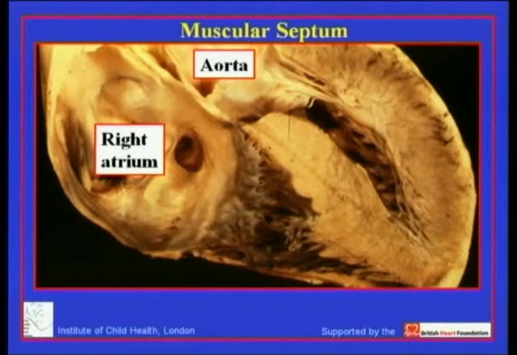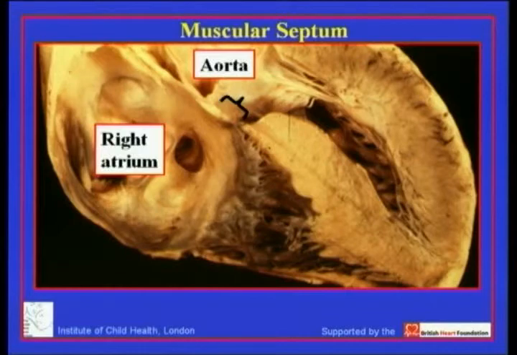And you note that our section has taken us through the back of the aortic root, so that now we see again that membranous part of the septum, and we see it divided very nicely by the septal leaflet of the tricuspid valve into a large atrioventricular component and a much smaller interventricular component.